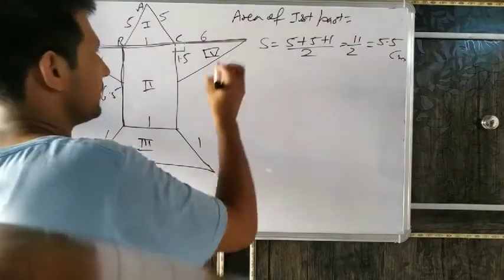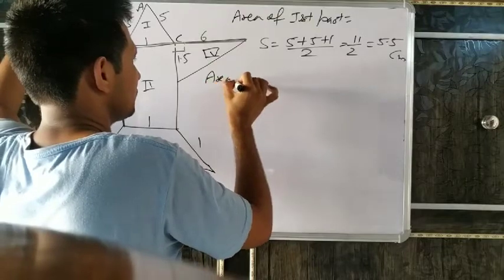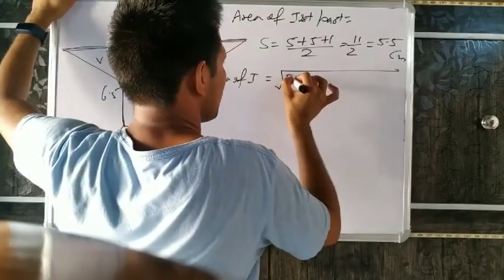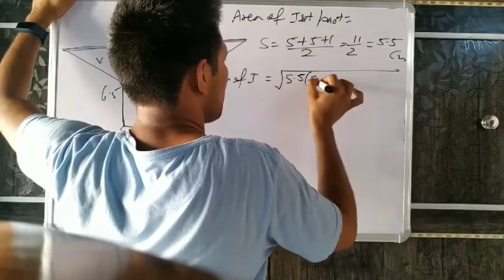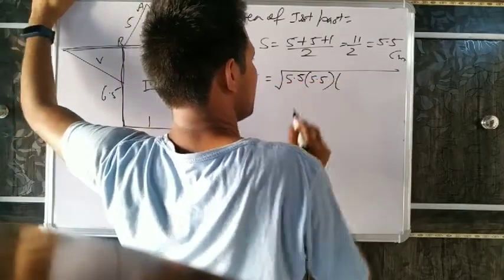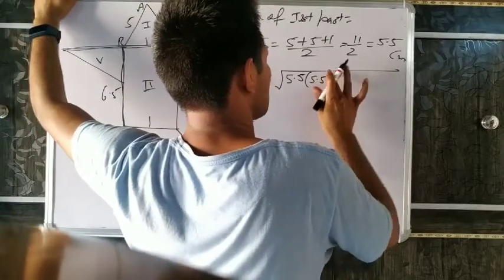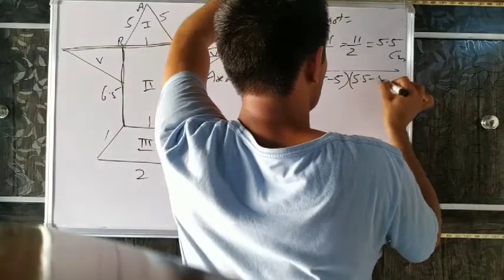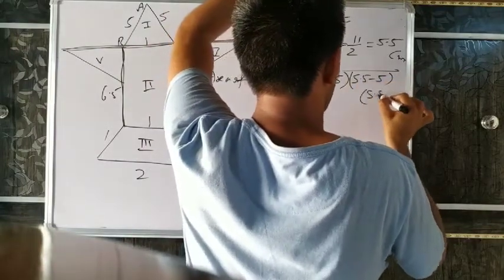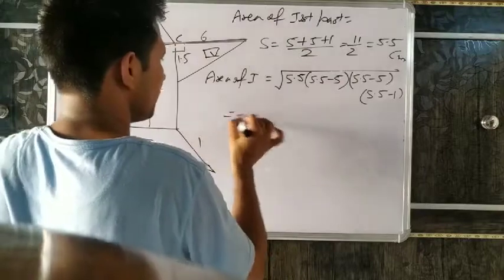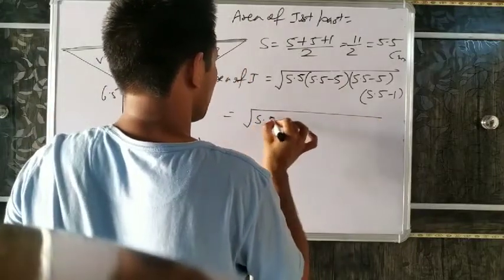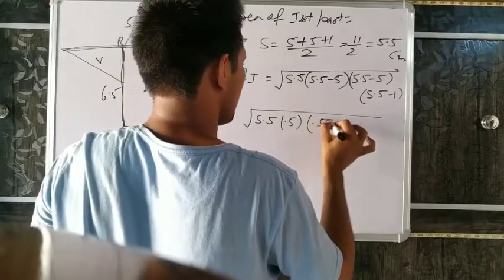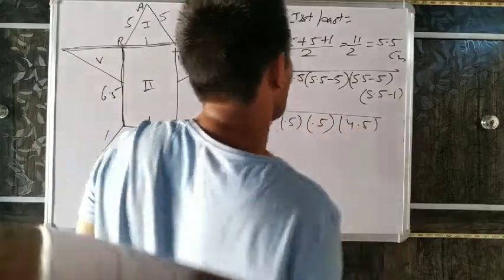After this, area of first part is under the root S, 5.5, into 5.5 minus first side 5, 5.5 minus 5 second side, 5.5 minus 1 third side. So it is 5.5 multiply 0.5, 0.5, 4.5.